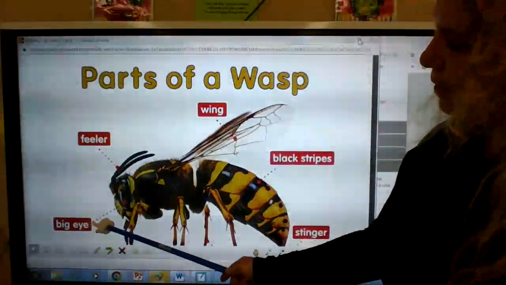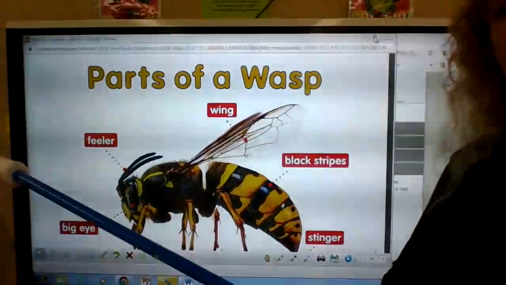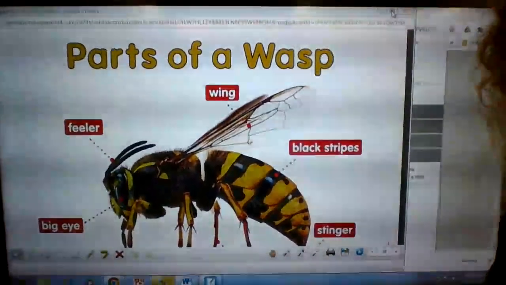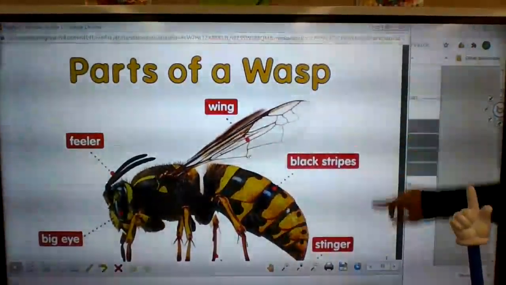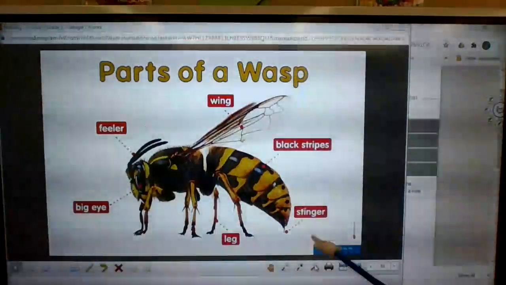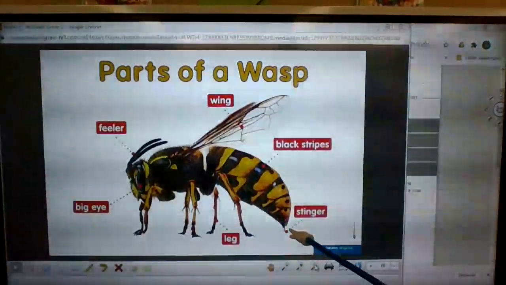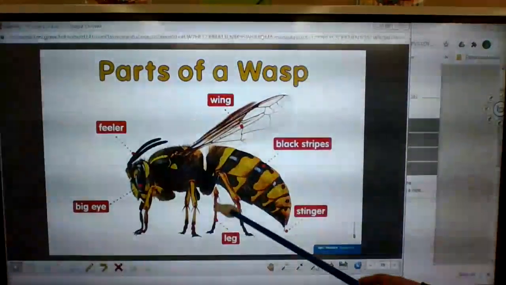Big eye. So this big black oval thing is his eye. And a stinger. And we can't really see it because, there we go. The stinger is a little tiny thing right there. That's a stinger. Here's his leg.